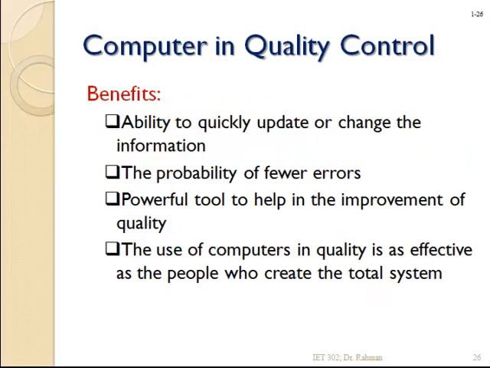So this is a great improvement in our quality control area, that computers are integrated online and we can readily change or adapt the data and improve the system while the process is running.